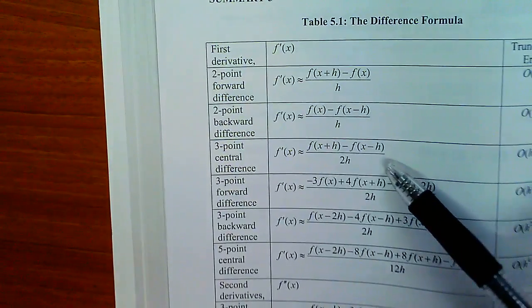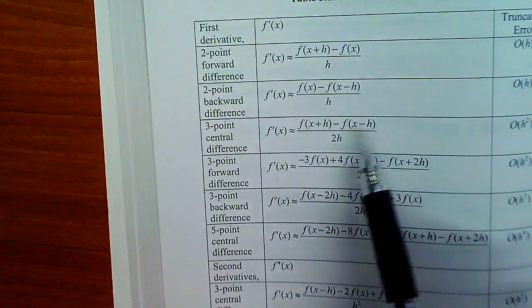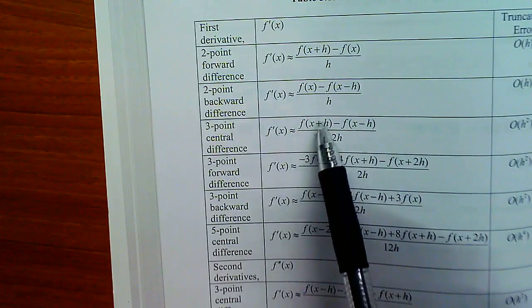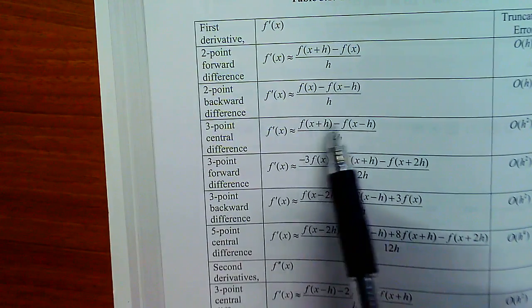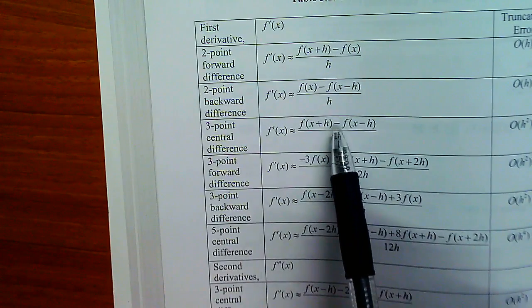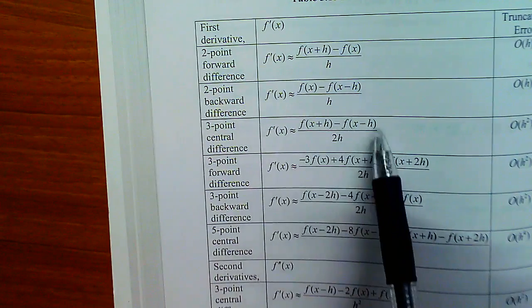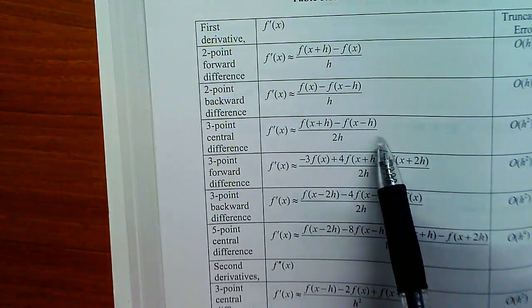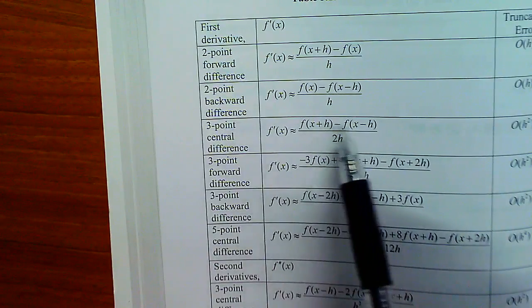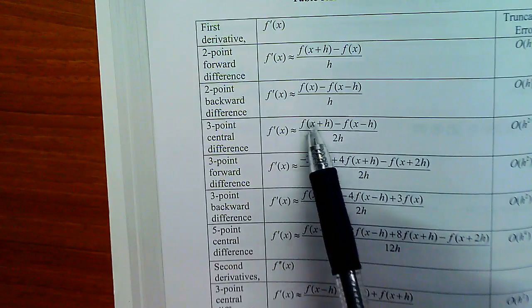For the 3 point difference, on the other hand, you are going to use the next point minus the previous point. So the center point, that is f(x), actually does not exist in this equation, but this equation covers 3 points, that is x minus h, x, and also x plus h.